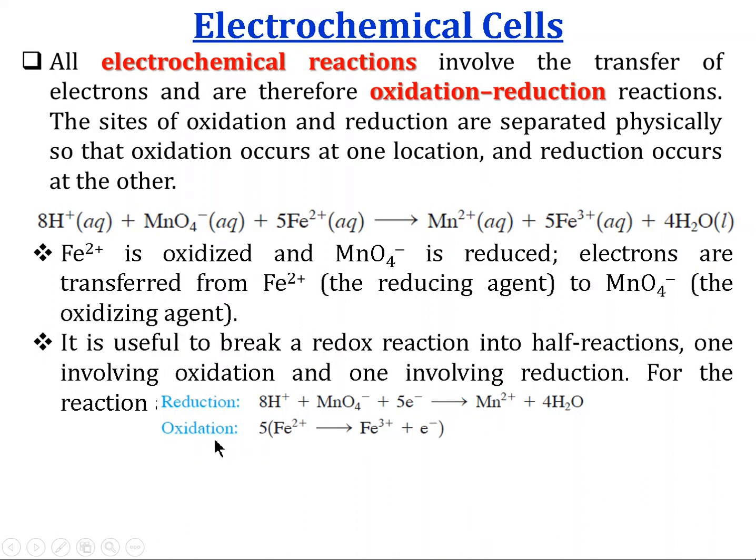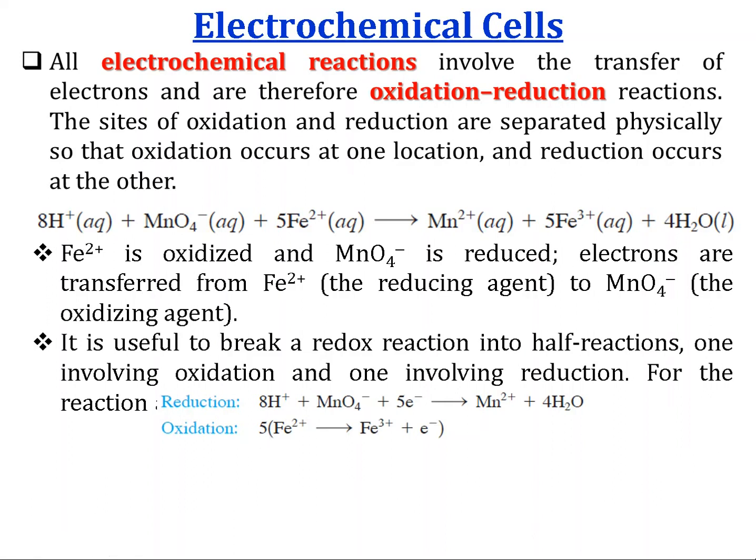The oxidation half reaction: Fe2 plus loses 1 electron to be transformed to Fe3 plus. And as we know, in the redox reaction, the number of electrons gained should be equal to the number of electrons lost, so the oxidation half reaction should be multiplied by a factor of 5.